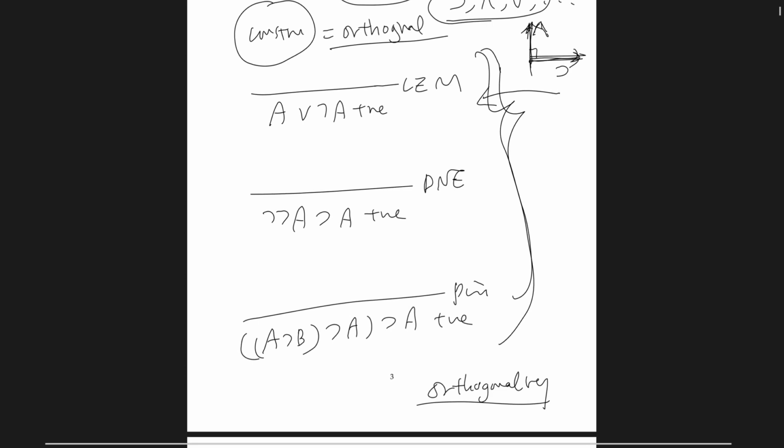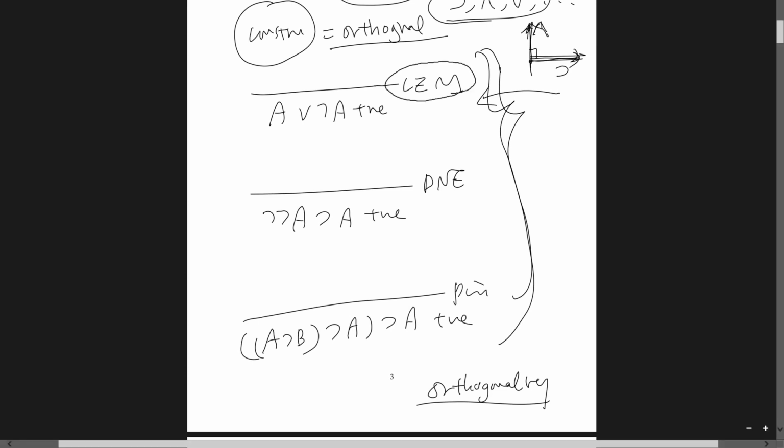So for example, in the case of the law of excluded middle, now the meaning of disjunction depends on the meaning of negation and vice versa. And if you expand negation A into A implies bottom, now you have three logical connectives: disjunction, implication, and bottom, and they are all interconnected with each other.